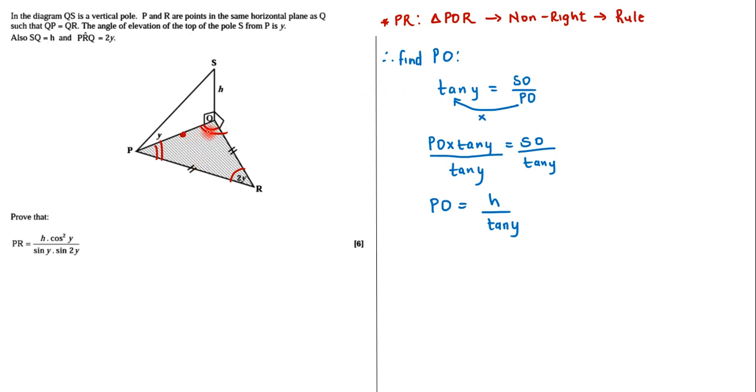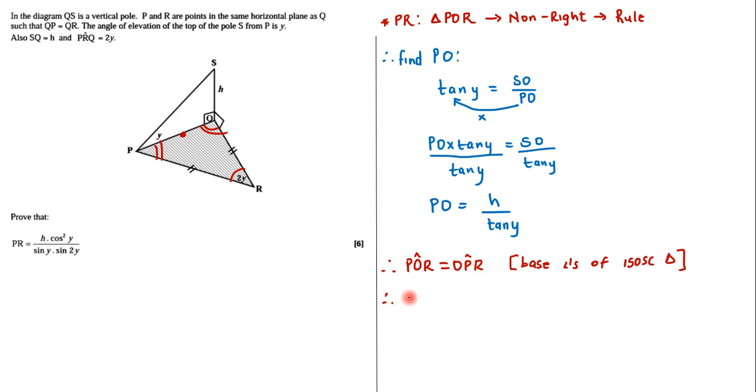Alright, so with the sine rule, I'll have to find an angle for PQR. To find PQR, I'll first say PQR is the same as QPR, because these are the base angles of an isosceles triangle. We don't have to write this in trigonometry, but we can just write it for our own understanding.